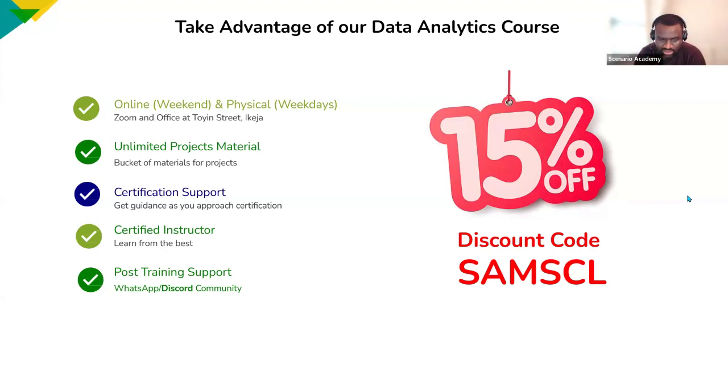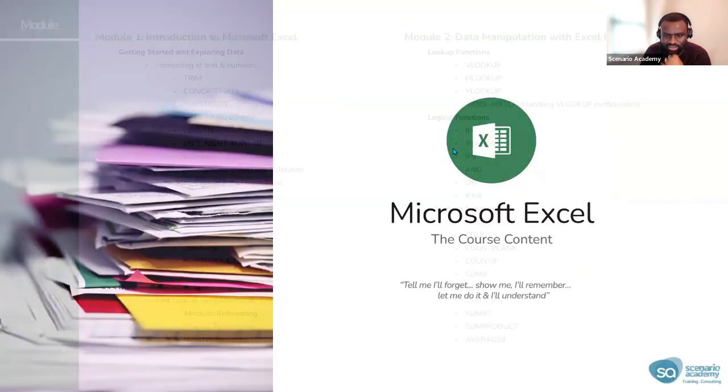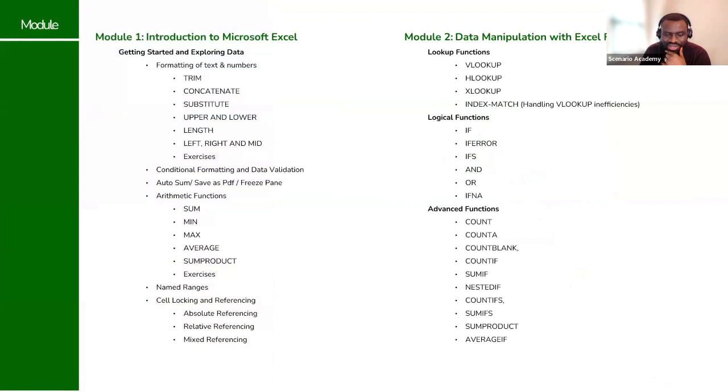I think we probably have some of our, this is what our curriculum looks like. For Excel, you get to be introduced to some of the important concepts in Excel, advanced functions, the logical functions, the lookup functions like VLOOKUP, HLOOKUP, XLOOKUP, and then INDEX and MATCH, which is a function that helps to navigate the complexity or the inefficiencies of VLOOKUP.